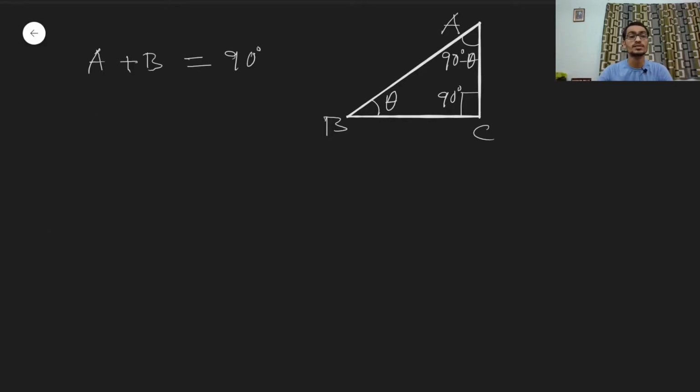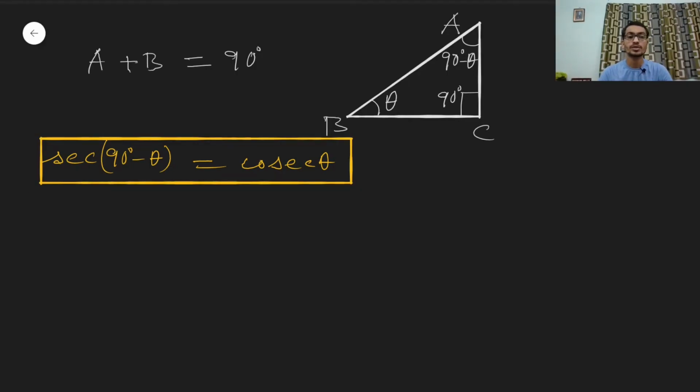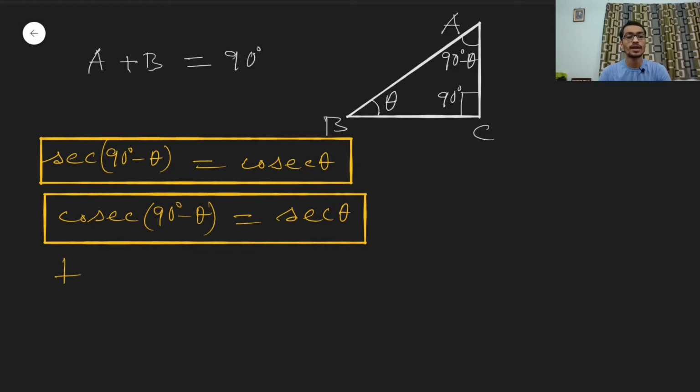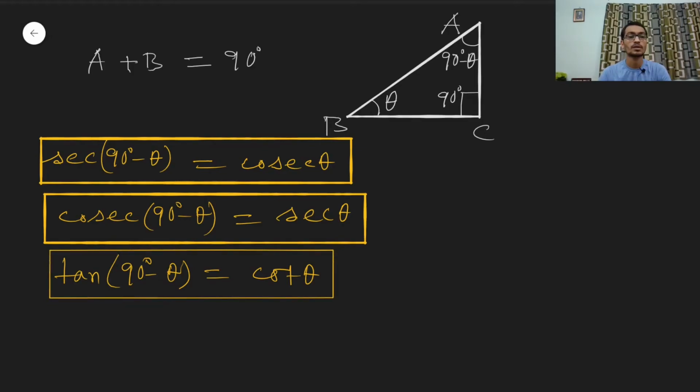Now we will just write the relations: sec 90 degree minus theta equals cosec theta, or similarly cosec 90 degree minus theta equals sec theta, and similarly tan 90 degree minus theta equals cot theta, and cot 90 degree minus theta equals tan theta.